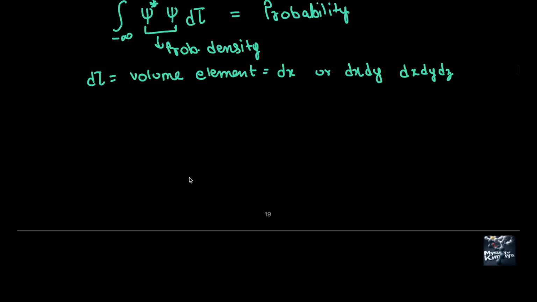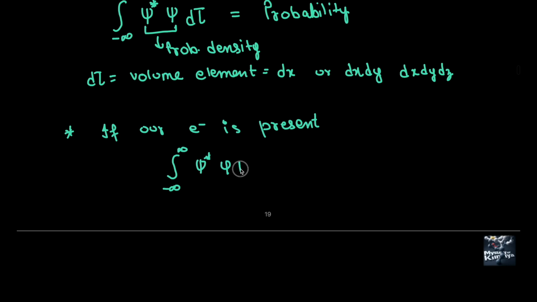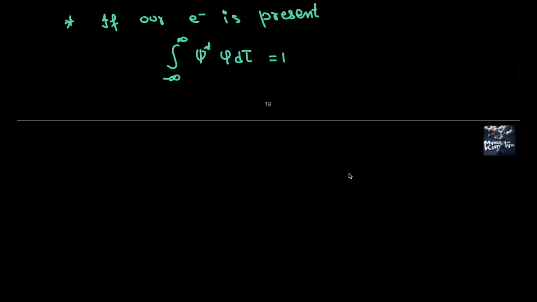So if our electron is present in a particular system, then this value, the probability, should be equal to 1, because we have assumed that our electron is there. But if it is not equal to 1, then what can we do?